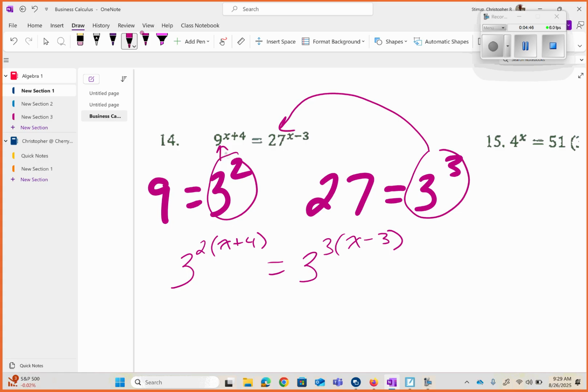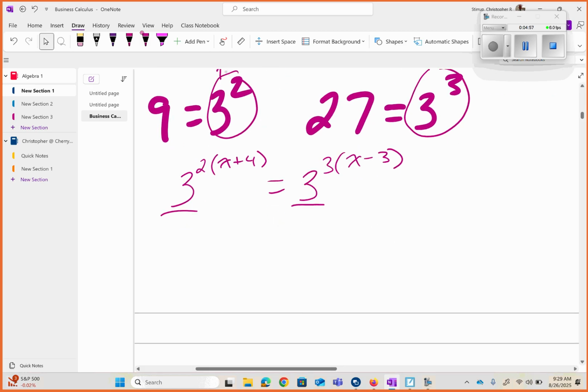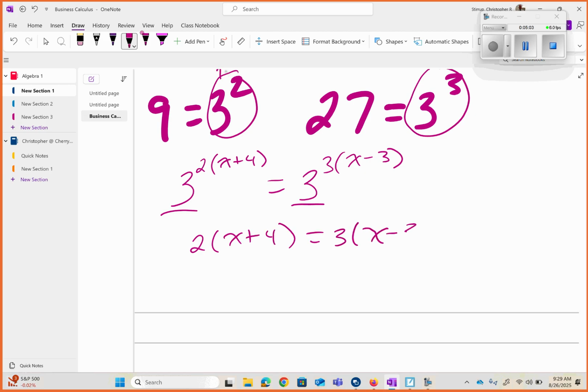Okay, in the world of algebra, the 3s at the bottom are our bases. Those are the same now. So that means that I can set the exponents equal to each other and do a little bit of math, distributing: 2x plus 8 equals 3x minus 9.